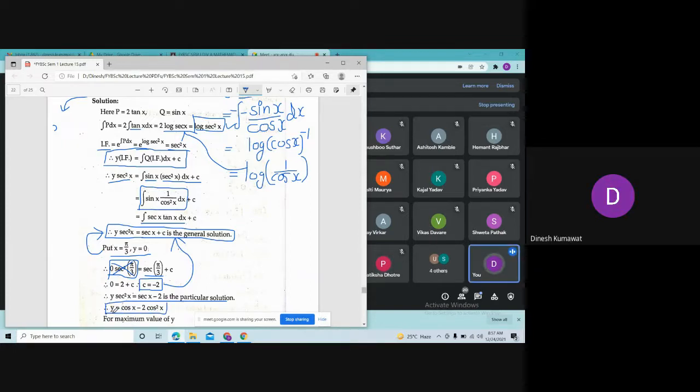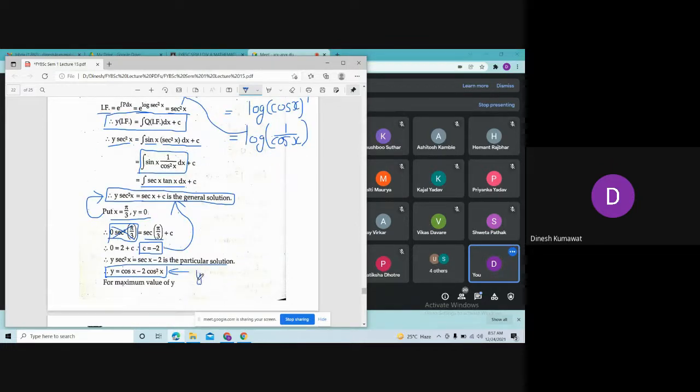Now this is y is equals to f of x. Now our aim is to calculate the maximum value for this function. So first क्या करेंगे? First find out what is y prime.